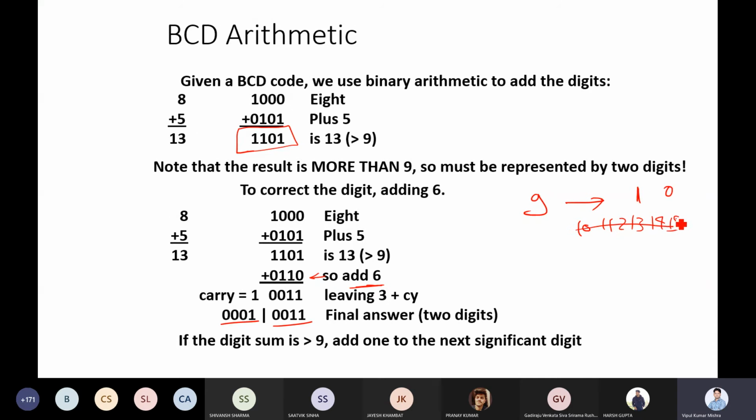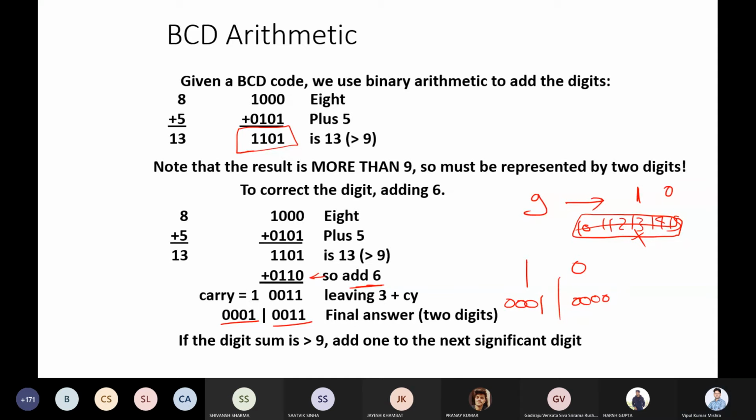There is no binary 10, 11, 12, 13, 14, 15. It is 10, which again is 0001 0000. So that's why we are saying we are jumping. Once you get to more than 9, you have to jump 6 more places so that you will get the correct answer. Any doubt till this point?